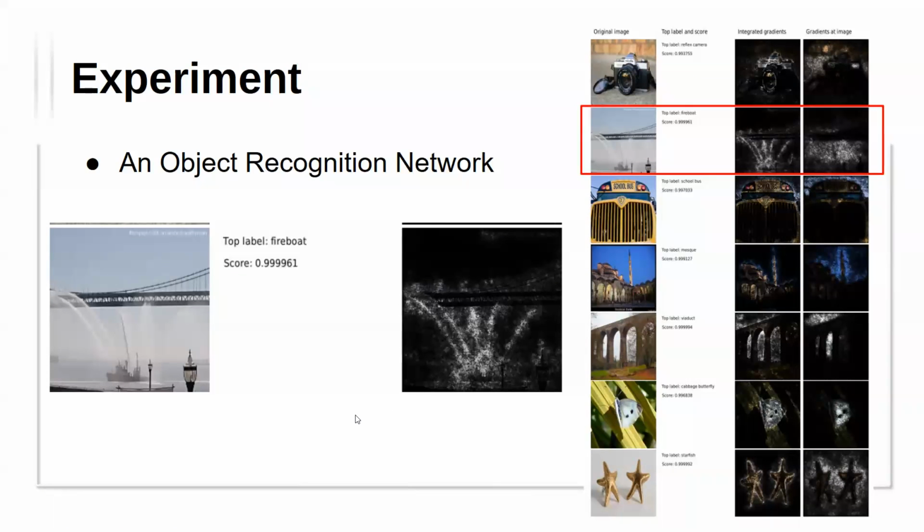And remember, from the background slides, we talked about how we don't know why the model predicts this picture to be firebolt. But when you look at the integrated gradient, it looks quite similar to a firebolt. Not similar, but you can see why the model made this prediction.